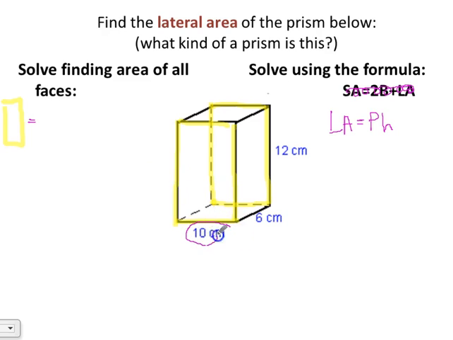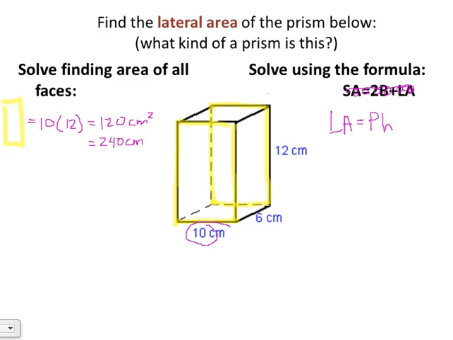So we know the base is 10 centimeters, and we know the height is 12. From here to here is 12, and the base was 10. So we get 120 centimeters squared. We know that there's two of those, so we would multiply that by 2 to get 240 centimeters squared for both of those.